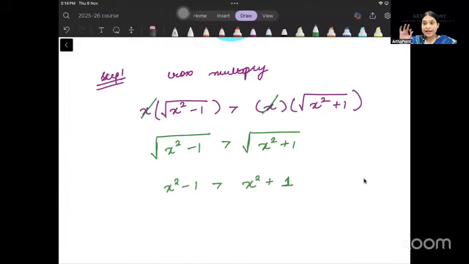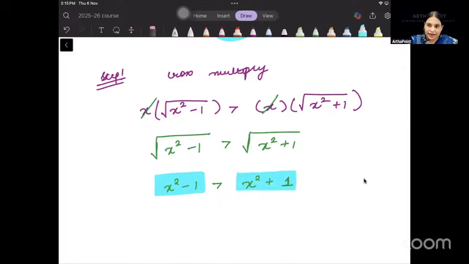If I do that, you notice that the left hand side is x square minus 1, meaning I am subtracting something from x square, and the right hand side is x square plus 1, meaning I am adding something to x square.